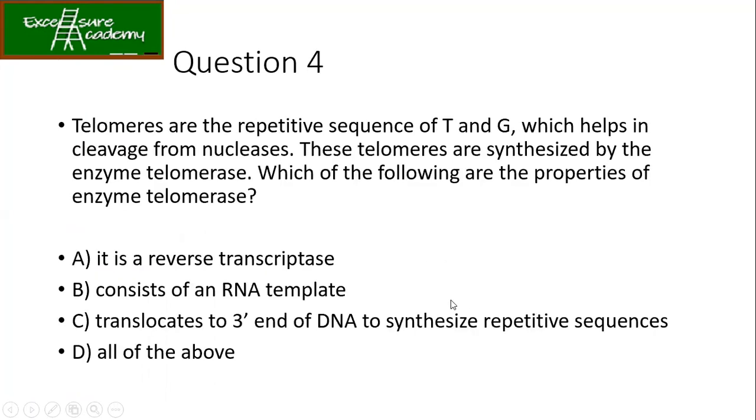Okay, I think this is the last question. Telomeres are the repetitive sequences of T and G, which help in protection from the nucleases. These telomeres are synthesized by the enzyme telomerase. Which of the following are the properties of the enzyme telomerase?